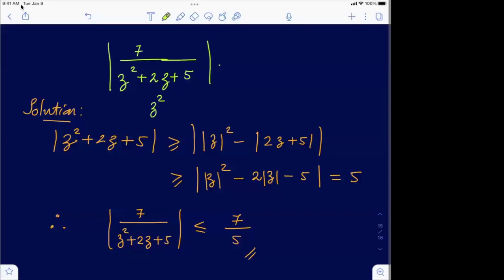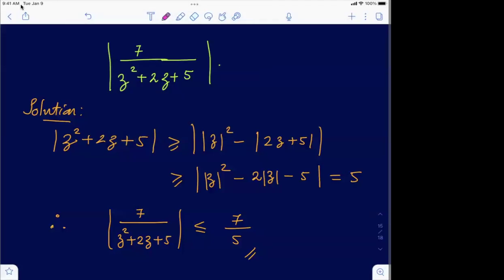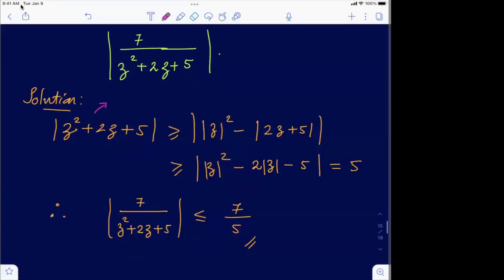Z square. Let me use a different color so that I can have slightly different representation of this. So this is none other than z square plus 2z. Since we have plus, I'm going to make it a minus first, and then I'm going to say minus of 2z minus 5.